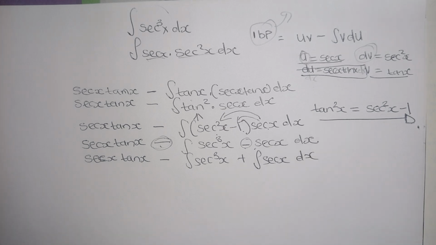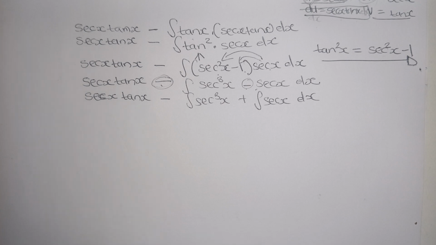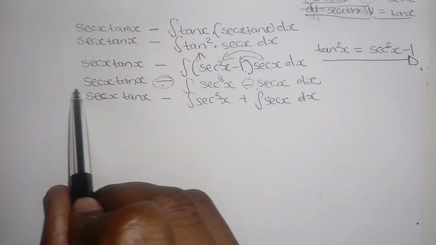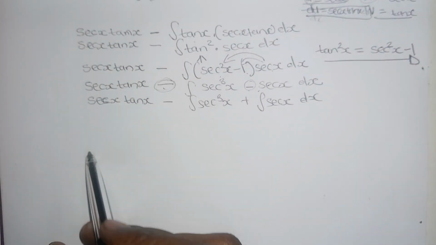Now, we have to think about why we are solving this equation, and what was the question. The question was simply integrate secant cube x, or sec cube x. So now when you are integrating that, it needs to be this side.